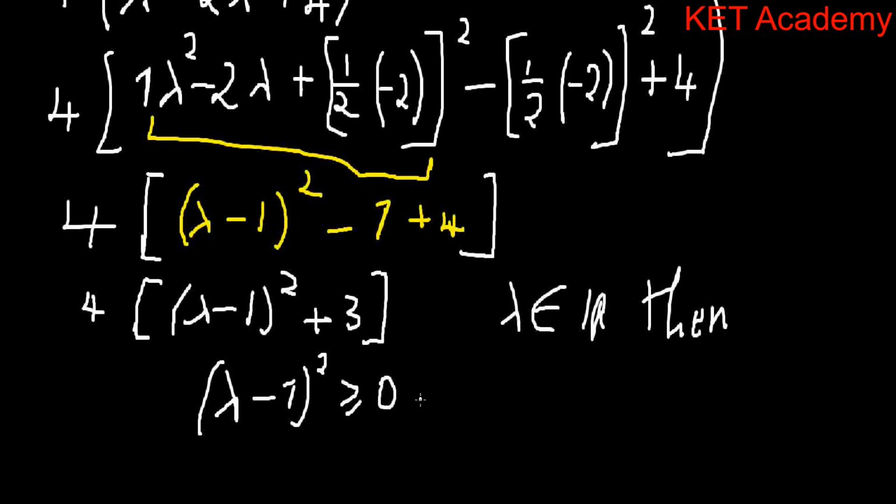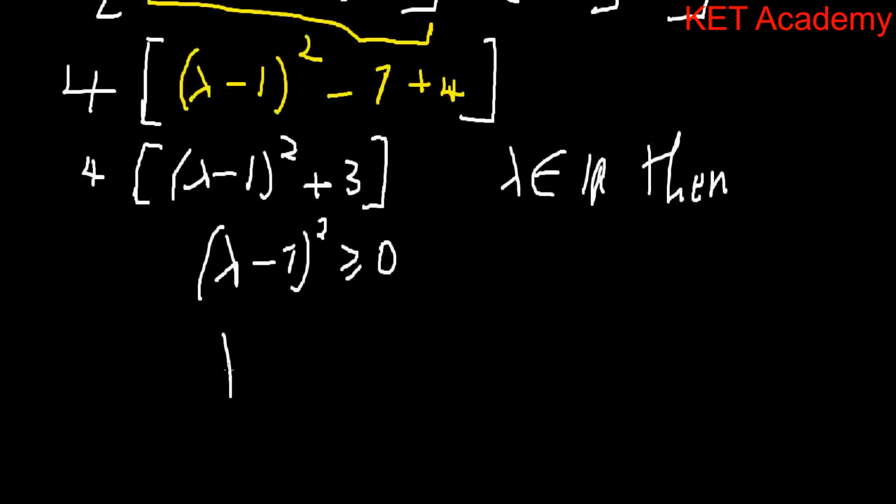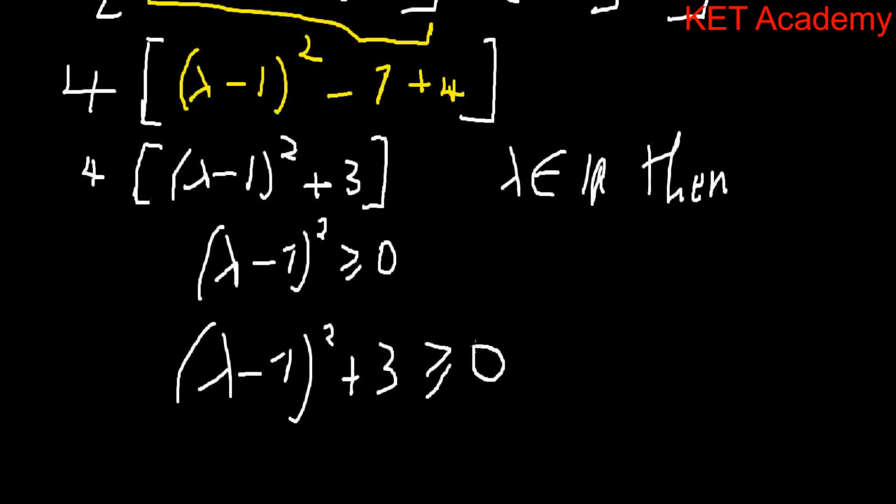Now adding this positive number, lambda minus 1 all that squared, plus 3 is always going to be positive. So from there we have proven that the roots of lambda will always be real.